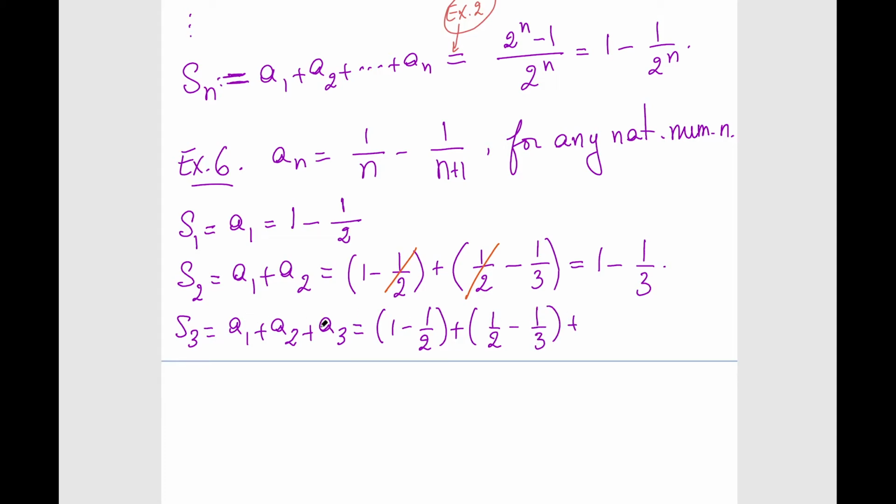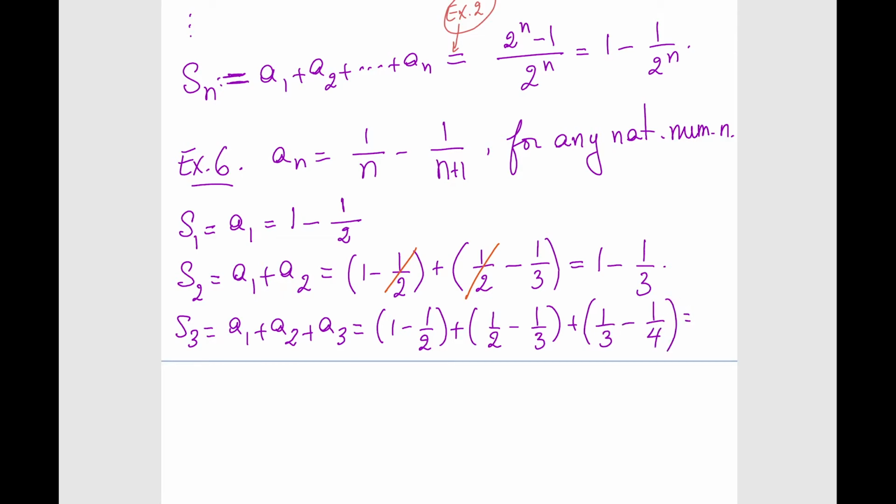And now A3. For A3, I'm going to go to the recipe of the an. This is what generates all the terms, right? A3, I'm talking about n being 3. If n is 3, that's going to be 3, that's going to be 3. A3 is going to be 1/3 minus 1/4, right? So 1/3 minus 1/4.